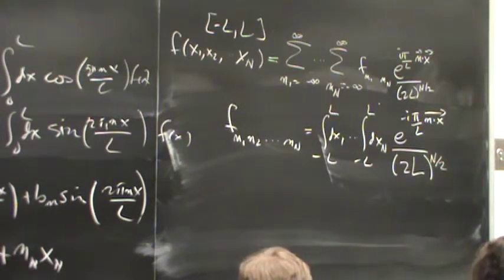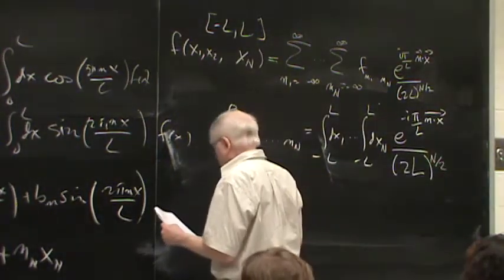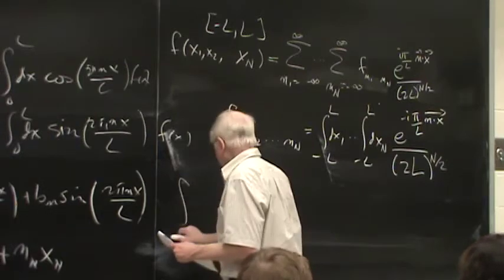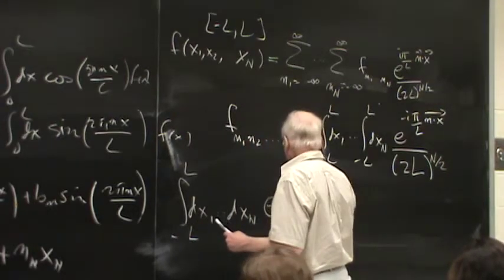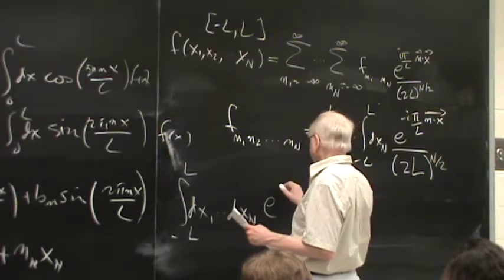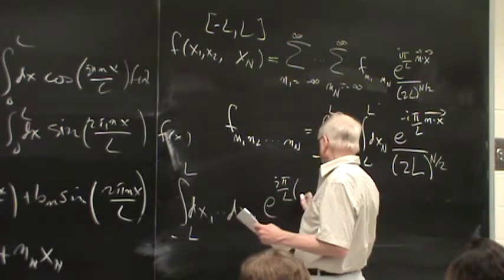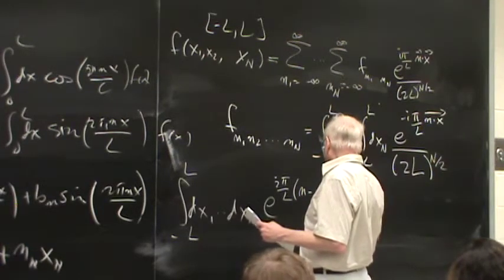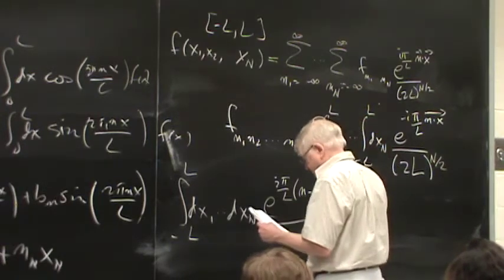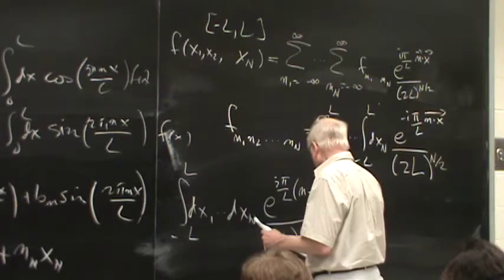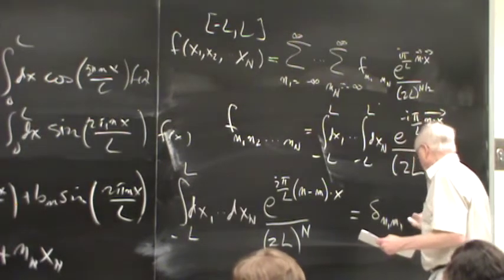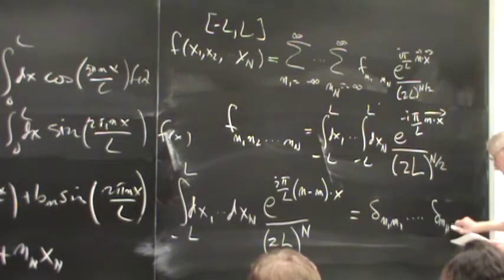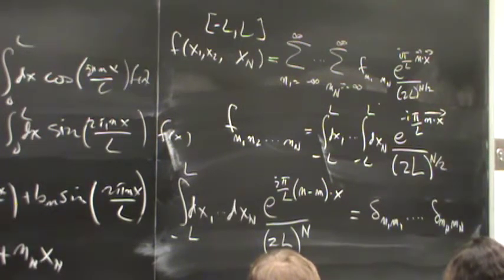And the reason why this works is that we have this orthogonality relation, namely the integral from minus L to L, dx1 dot dot dot dxN of e to the, let us say, i pi over L, n minus m dot x, over 2L to the N, is delta n1 m1 dot dot dot delta n sub N m sub N. So this is the orthonormality relation for these functions.